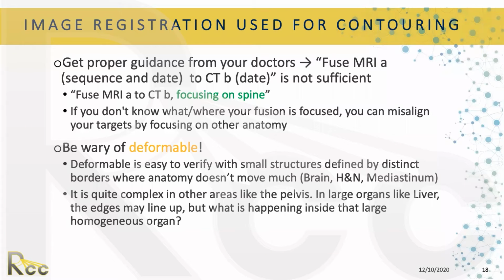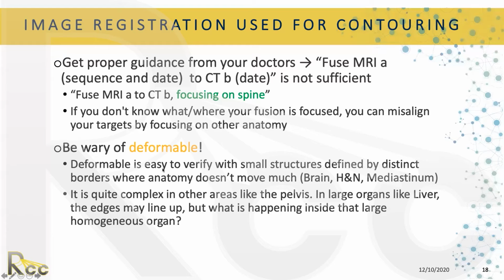But sometimes the MRI or the PET is done before, as a diagnostic MRI or PET, and the patient is not in the treatment position. For example, for a lung, maybe you simulated the patient with the arms up, and the MRI or PET that you're going to use for fusion has the arms down. So there are going to be some differences, and it's very important that the physician tells you where to focus.